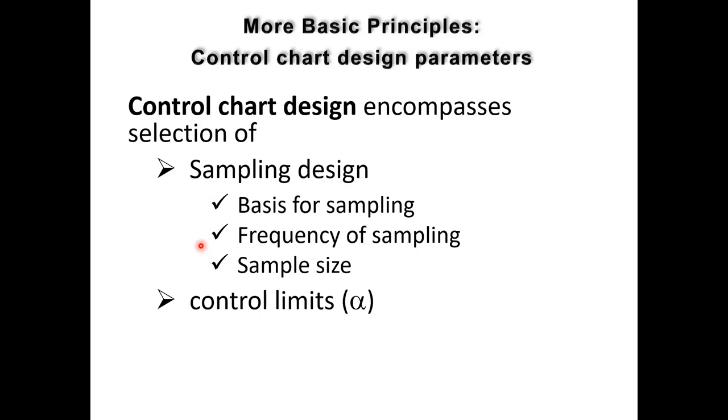before you come up with a control chart. You have to think about the sampling design, basically the basis of sampling, how frequently you do sampling for a production run, and whether you are going to select samples at each point of time, or you only consider using one individual data.